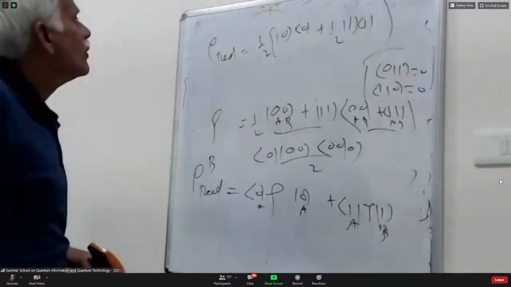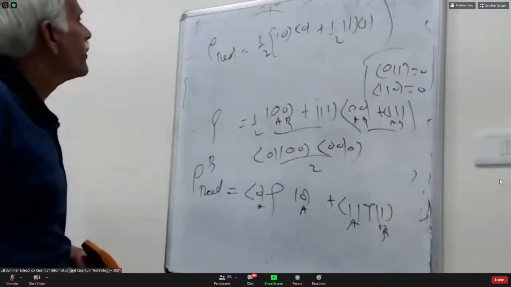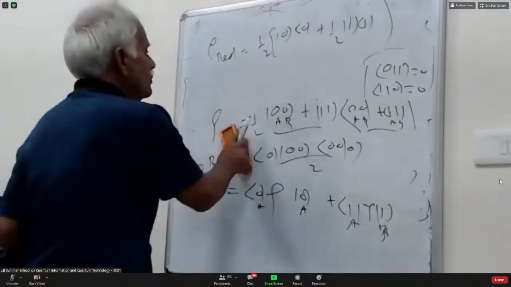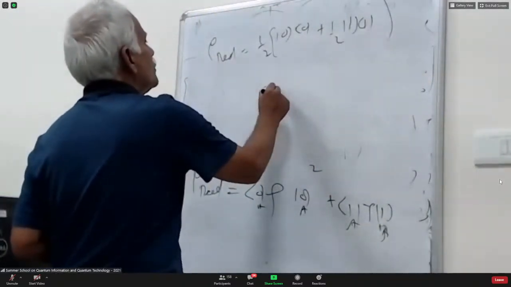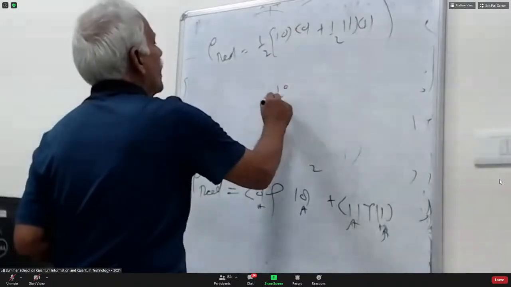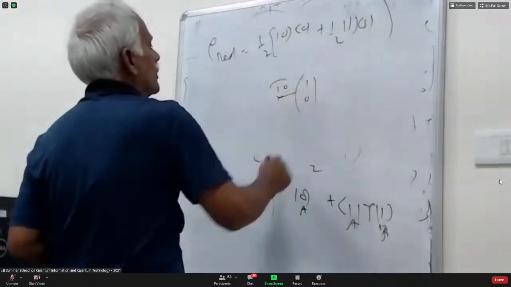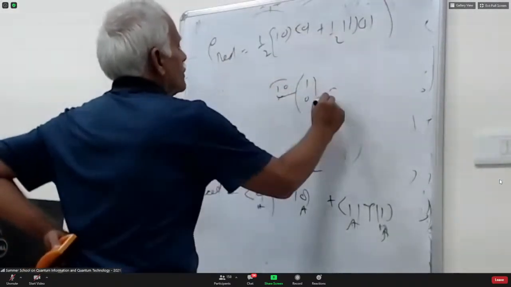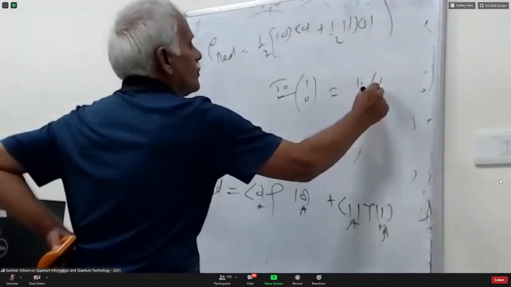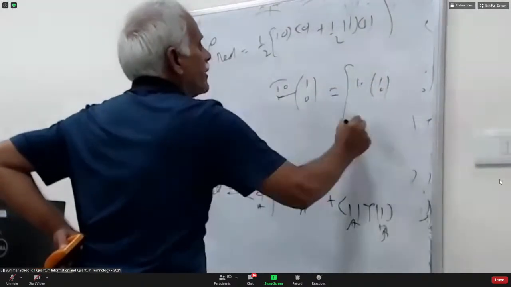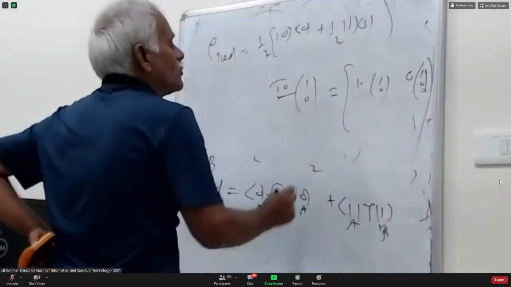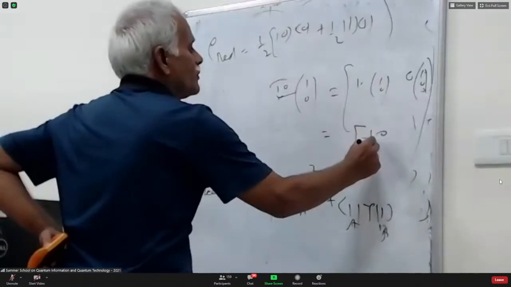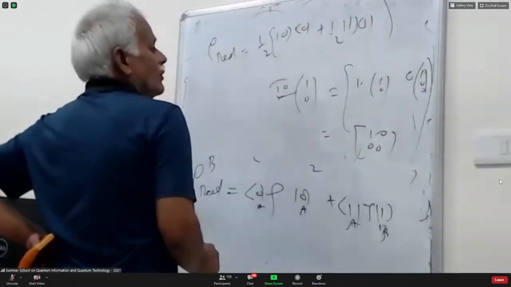Now I have come up with a 2 by 2 matrix. How does it look? |0><0| is what? I always like to make a mistake in this one. So this is equal to the column (1, 0) times the row (1, 0), a 2 by 2 matrix, so that becomes [[1, 0],[0, 0]].